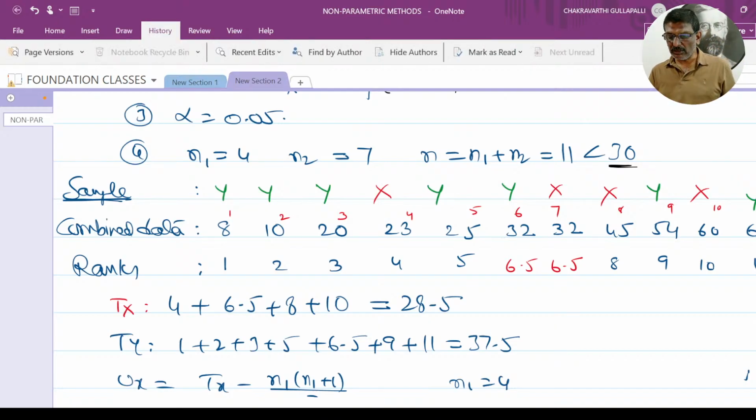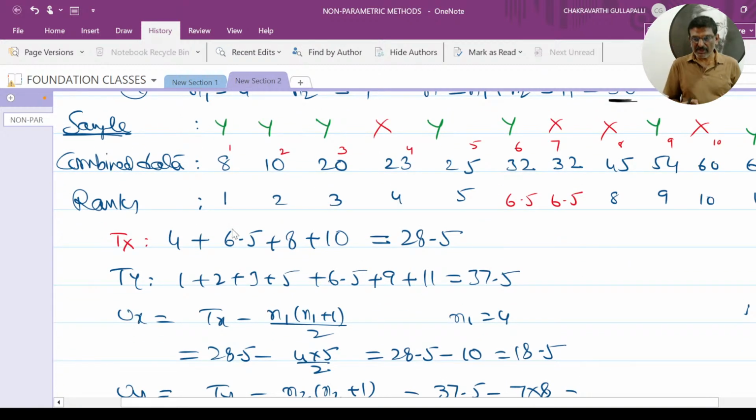Common ranking is also assigned when an observation is repeated twice or thrice. This was already explained in the Spearman's rank correlation procedure; you know very well that concept is included in the correlation chapter.